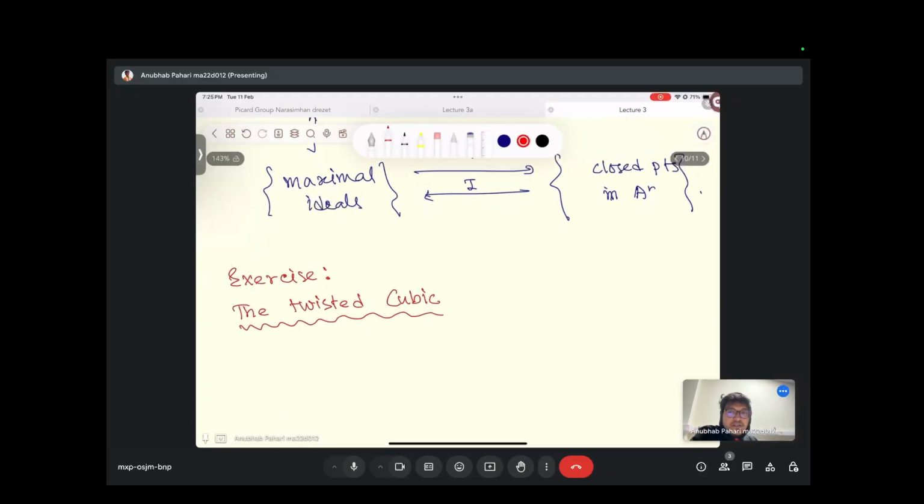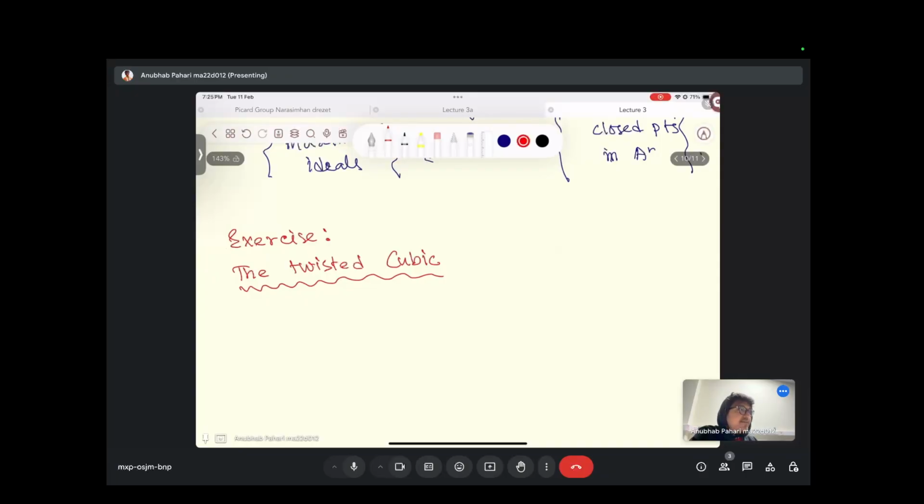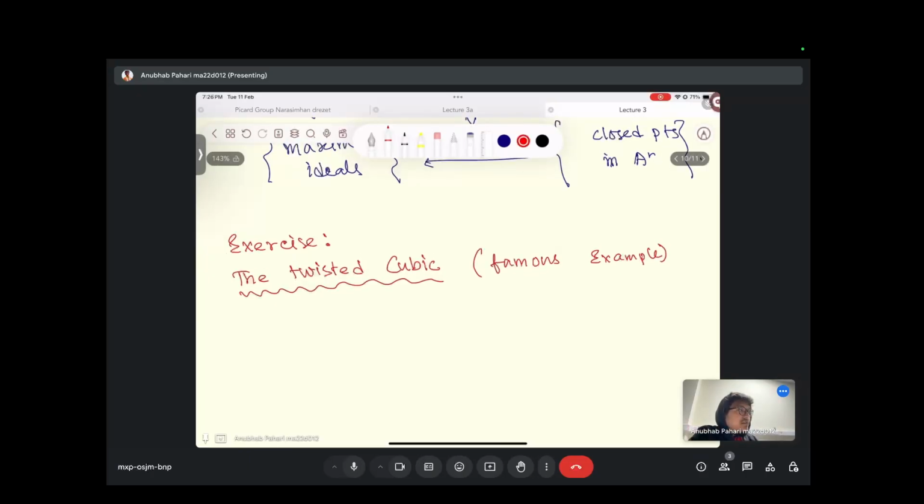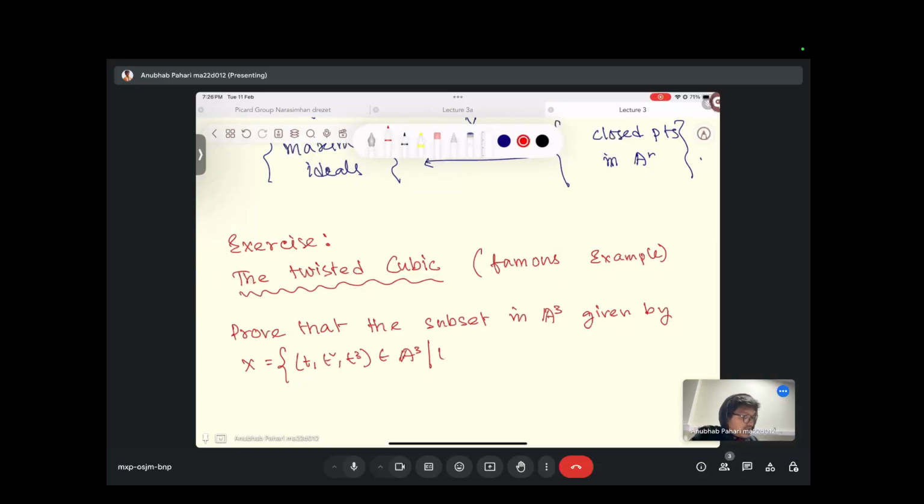To prove this, it's a famous example. So prove that the subset in A^3 given by X equals (t, t squared, t cubed) in A^3, t belongs to k, is an affine variety.